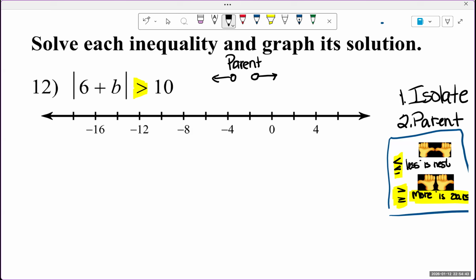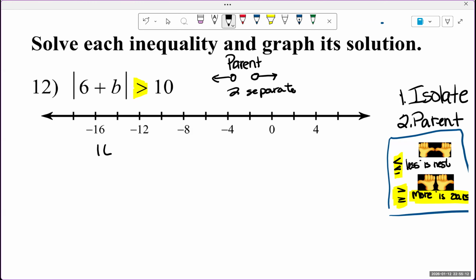Okay, so that's what we are predicting. Now, notice when it's ors, there are two separate pieces. With the nest, there's going to be one piece, but with the ors, there's two separate pieces.